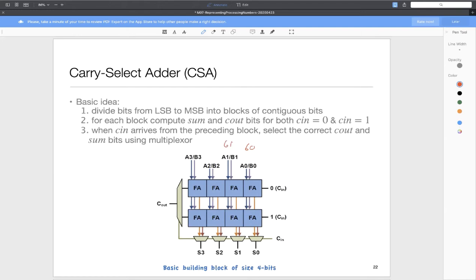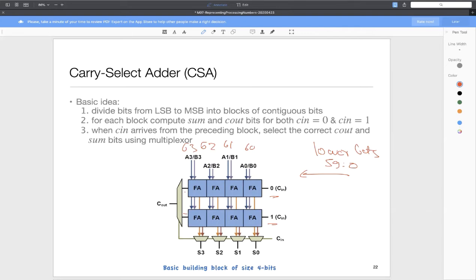Coming in are the lower bits, 59 to 0, but whatever is coming in to me is either 0 or 1. So I can perform the addition corresponding to both. So I'll use 4 full adders and compute that, and I have 2 possible candidates for carry out, and I have 2 possible sets of 4 bits for the sum.